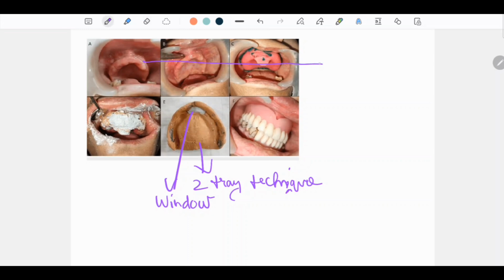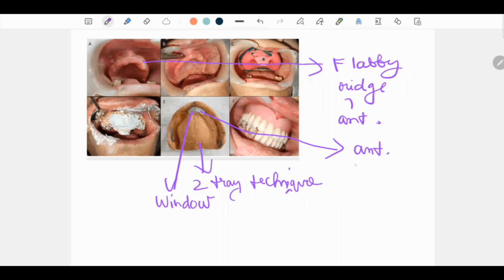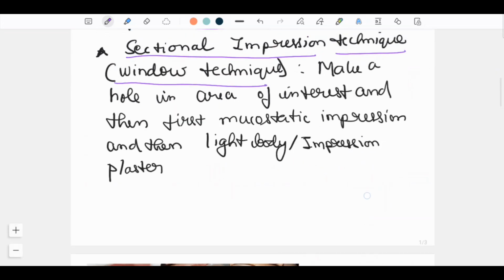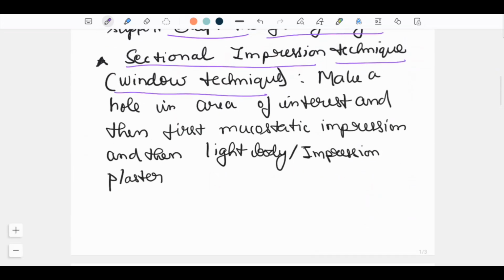Here you can see the patient suffering from a flabby ridge in the anterior region, at the same spot. This is the desirable area. We are going to give a specific kind of relief over there, so the denture is going to be more supported.